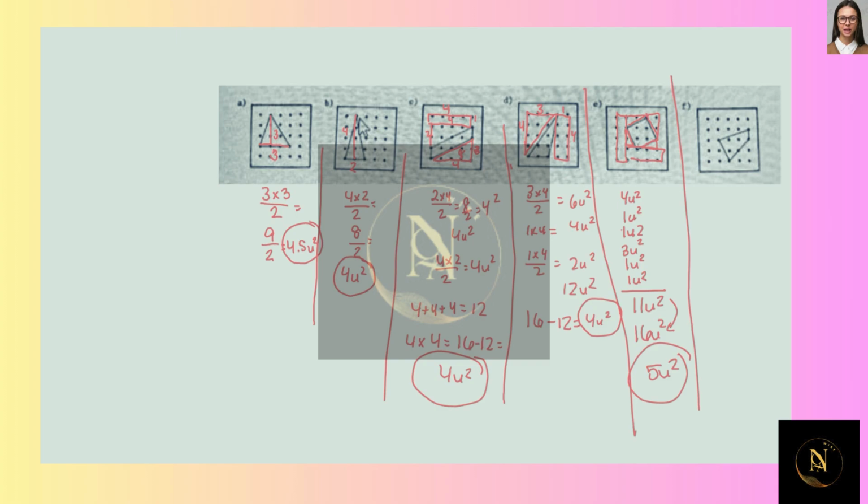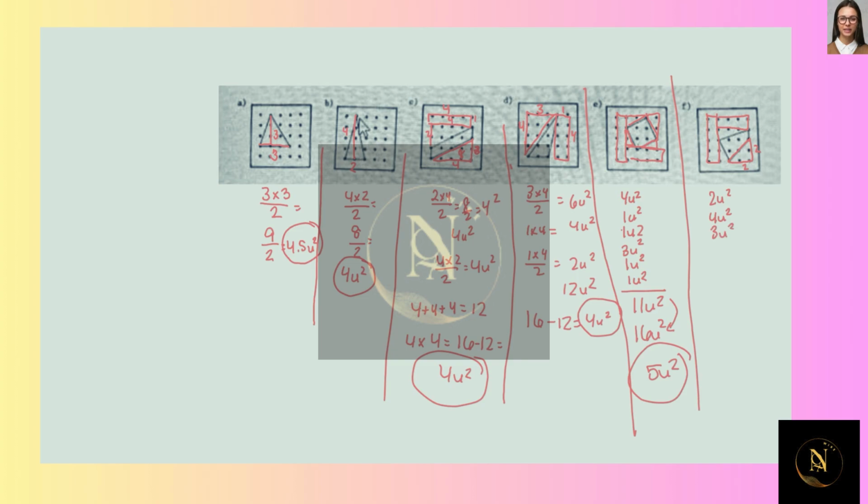Then for the last one, so I have this triangle first. So that's 2 times 2 divided by 2, which is just 2 units squared. Then I have here, this is a 4 by 1, so 4 units squared. Then I have a 3 by 1, which is 3 units squared.